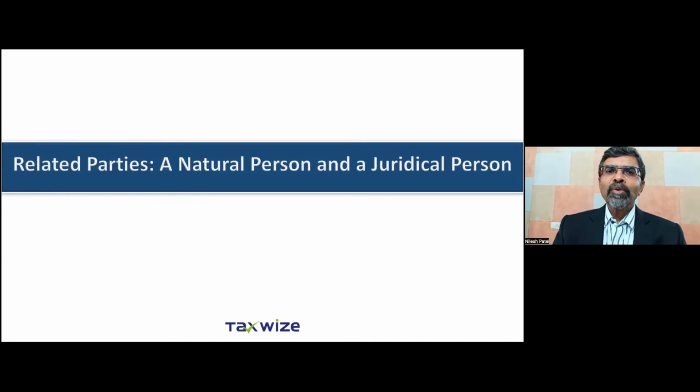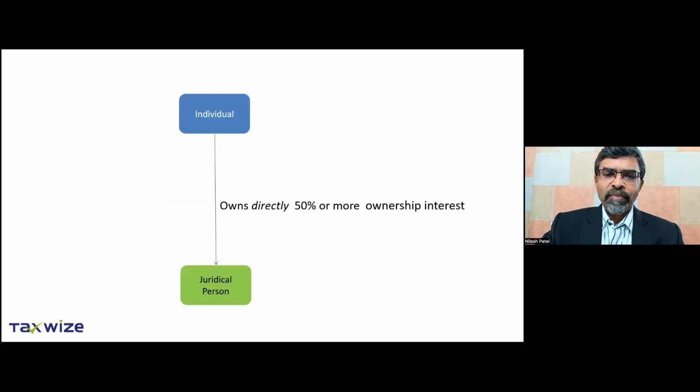Now we come to a natural person and a juridical person, the relation between these two kinds of persons. The first is where a natural person directly owns 50% or more ownership interest in the juridical person. The juridical person can be mostly companies. It can also be a partnership or joint venture.